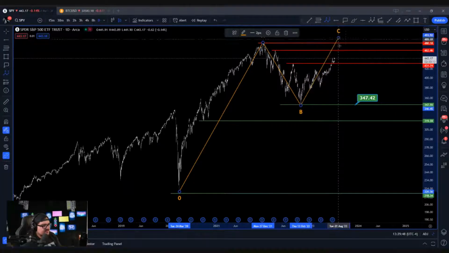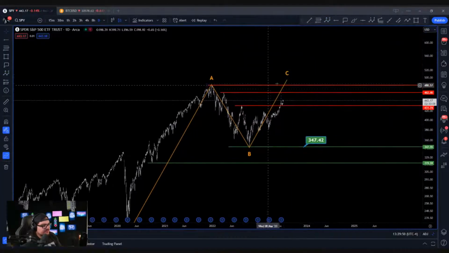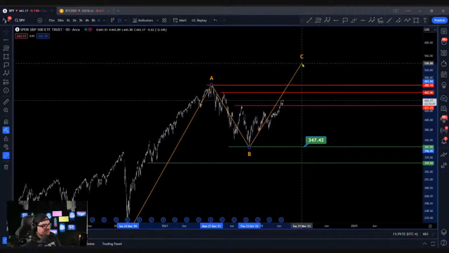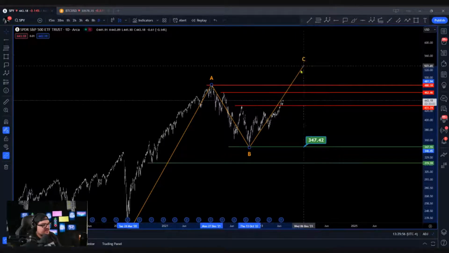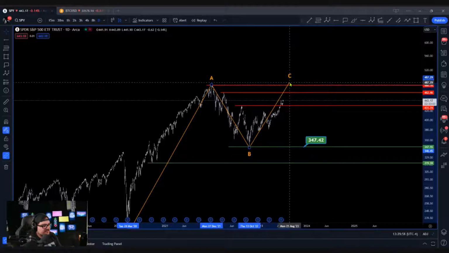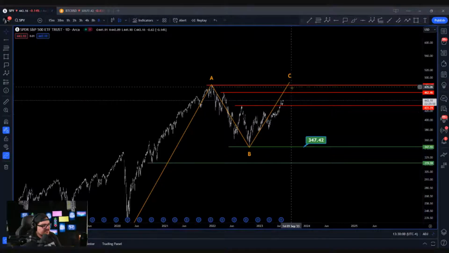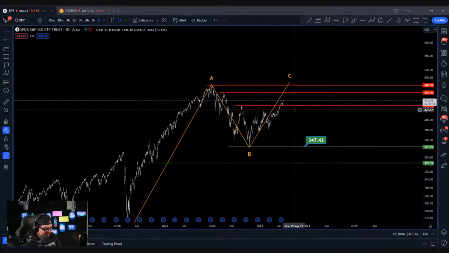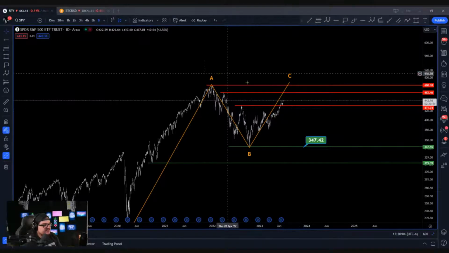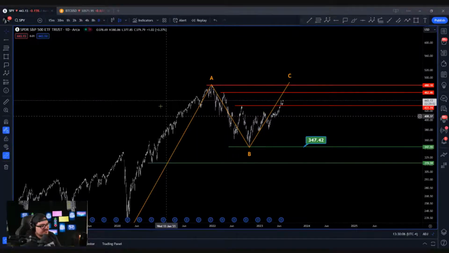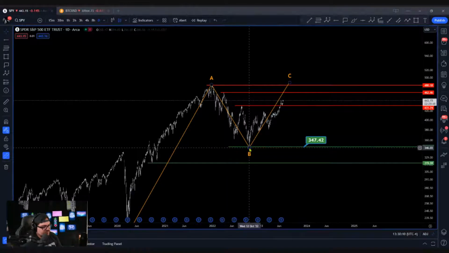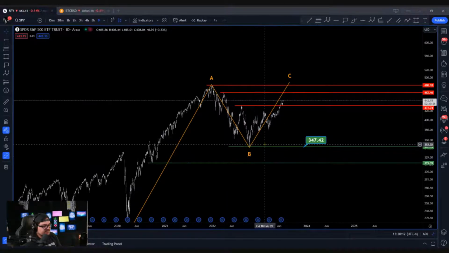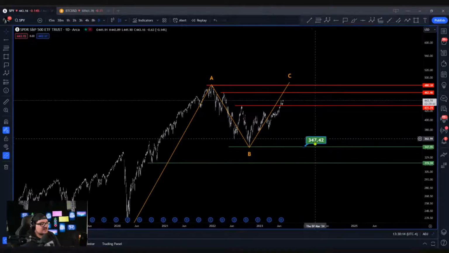If we put in a higher high and we don't put in an actual strong rally, and we just come up, put in a slight wick, and then come back below, I'm going to be a little bit scared, to be honest, because this would be a larger indication that we could be going into a larger recession, to the point where we test lower lows in the previous $347.